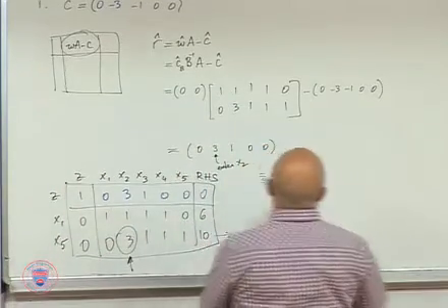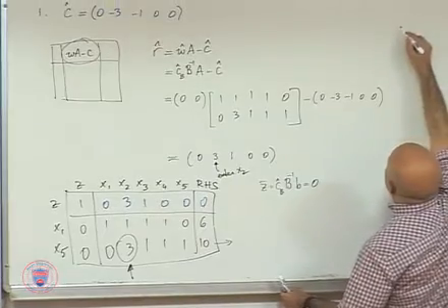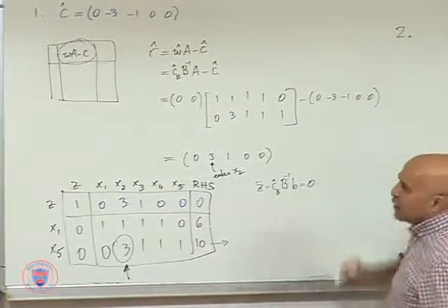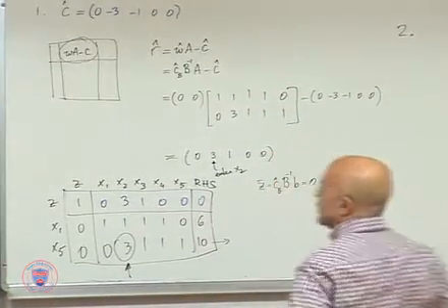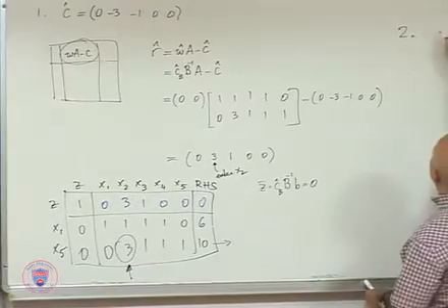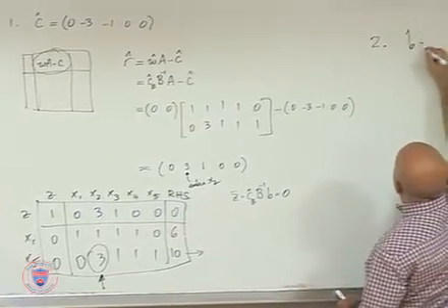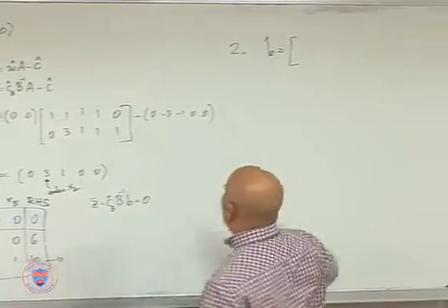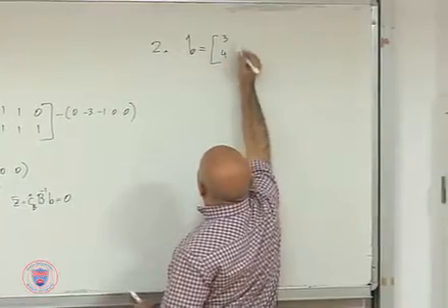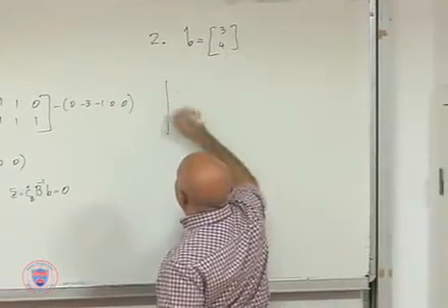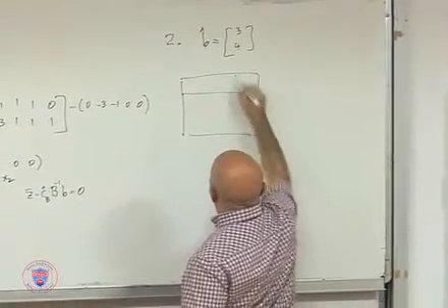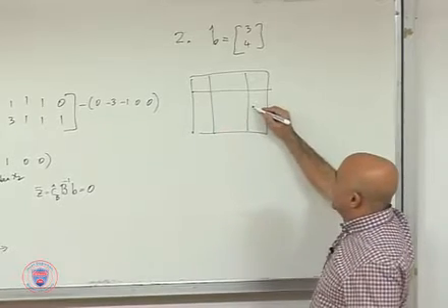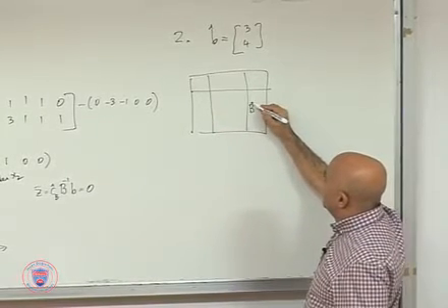Number 2. The change in B, 6, 4. So B cap is now, what is it? 3, 4. In this case, of course, the part of the tableau that's affected is this part.